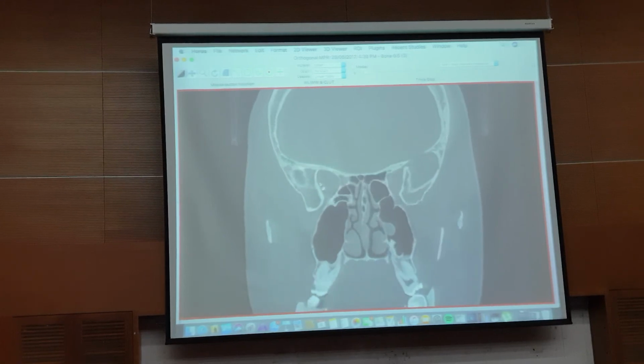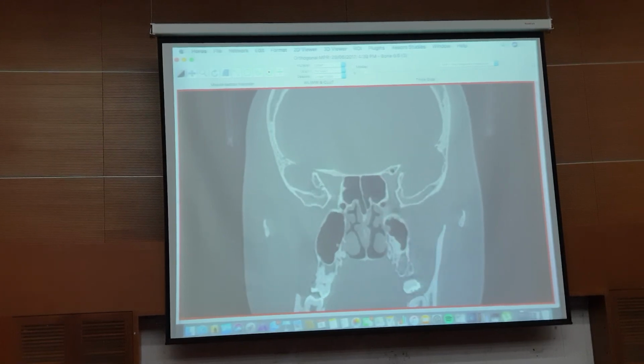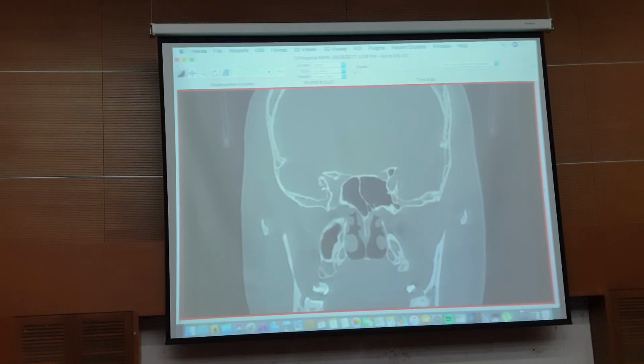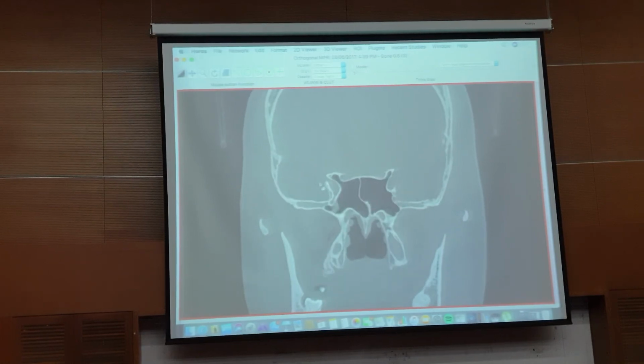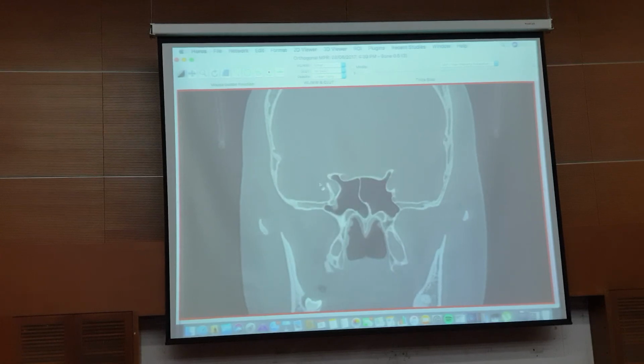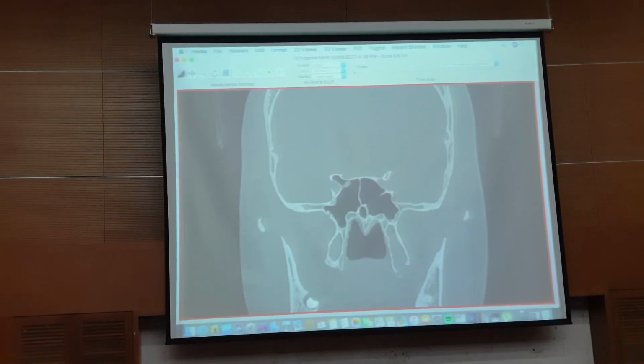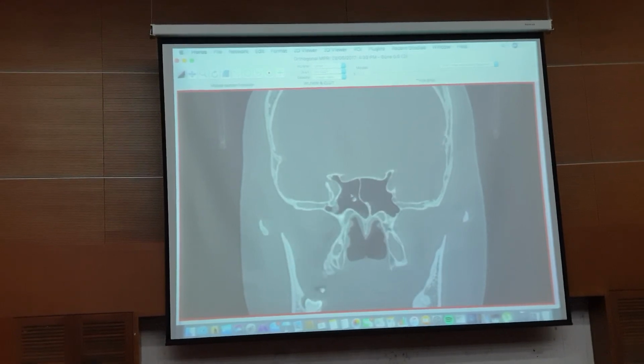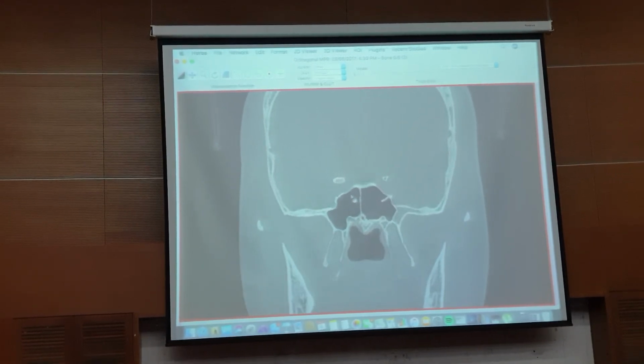Now we're going backwards to the sphenoid sinuses. Do you see anything? Yes, the anterior clinoid process is pneumatized in this case. There is somewhat of a lateral recess as well. So that one could also be a problem.